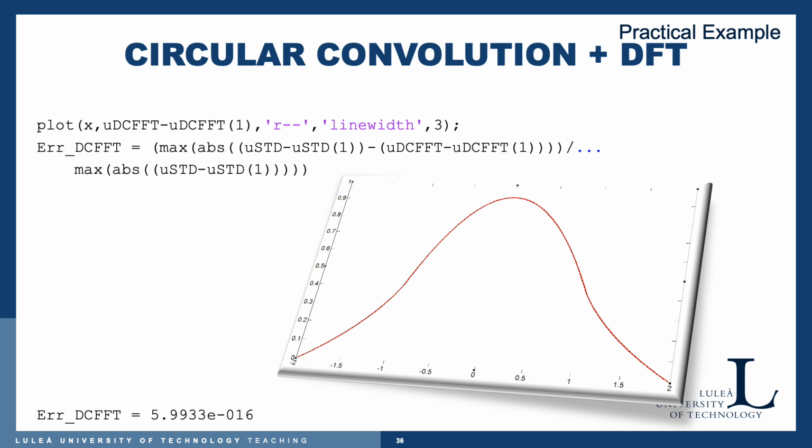Visually they are inseparable, and therefore we have this error measure to show that they are actually of machine epsilons.